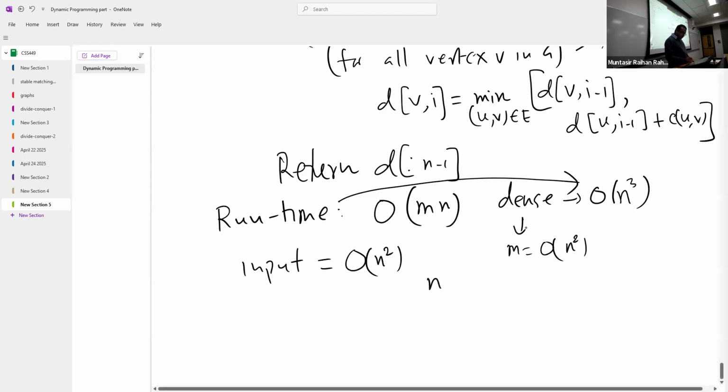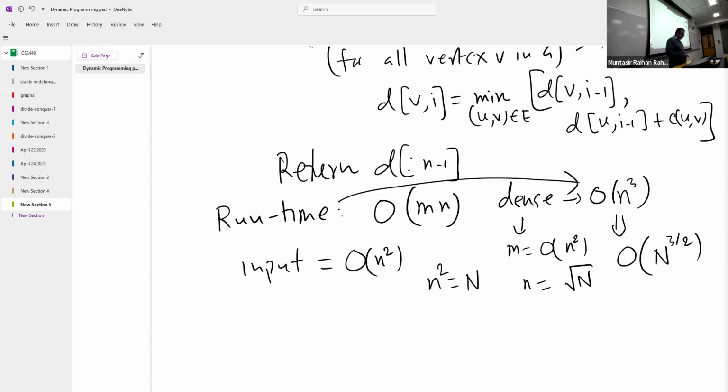So if you say n squared, you call it, let's say, capital N, right? Then small n is root of N, and then this turns out to be O of N to the power 3 by 2. So it's subquadratic. So you need to be very precise about the complexity, right?